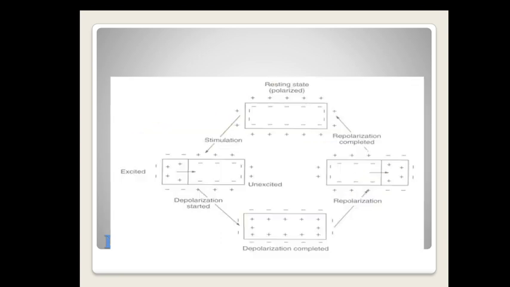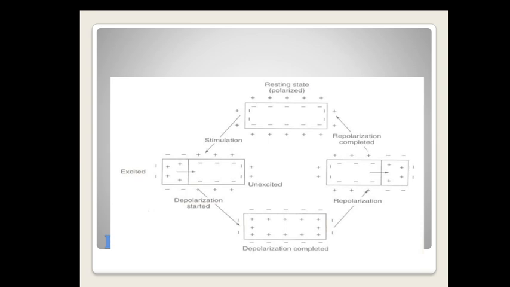So how does the conversion from resting to action happen? First, all the cells want to be in a rest position, that is called the polarized state. From this polarized state, slowly some excitation will occur to the particular tissue or the particular cell.